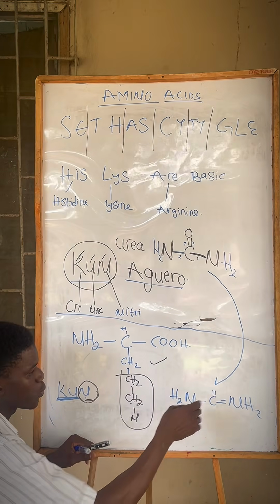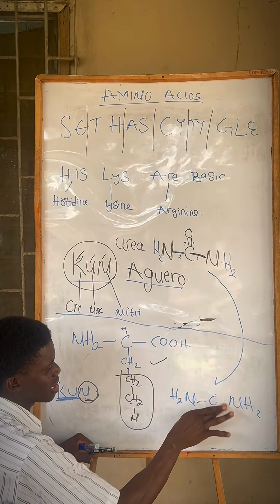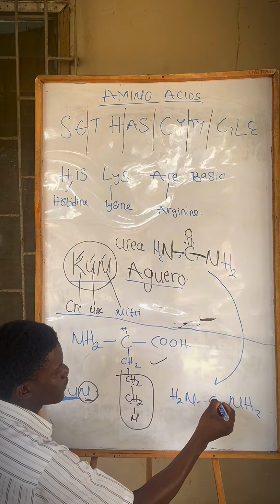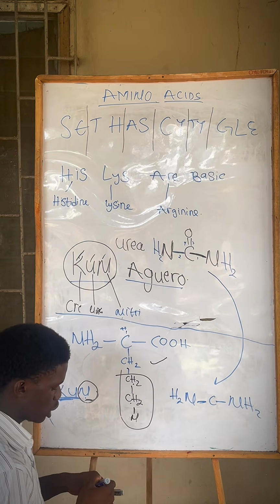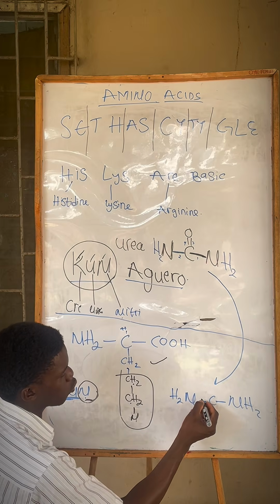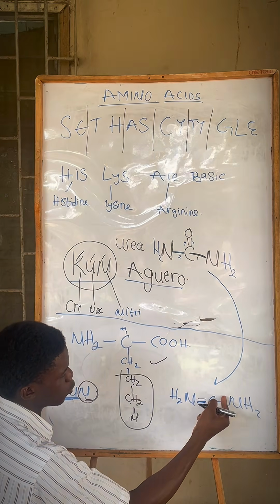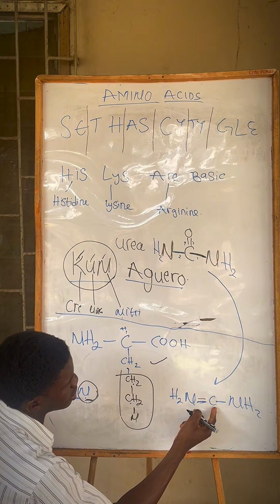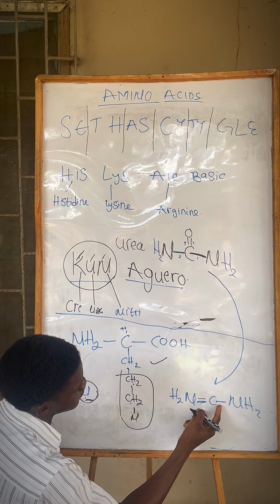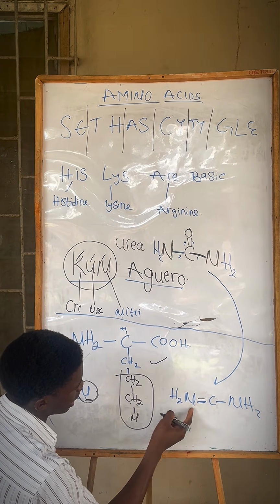You know it had the double bond here before. You can put it in either of the 2, and you are still going to have the same thing. So the double bond on the carbon will come somewhere here or somewhere here. But now check the bonds around this nitrogen.